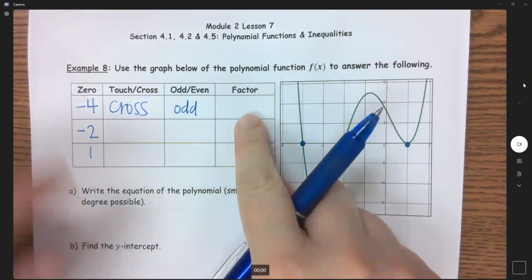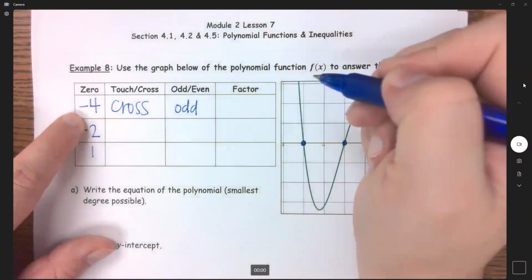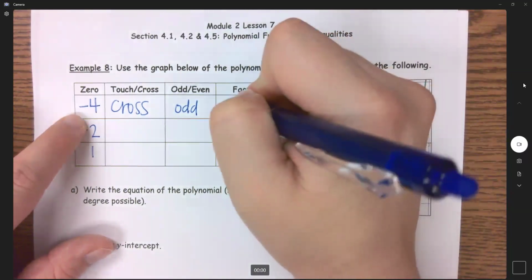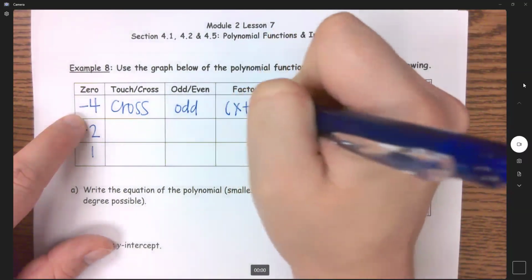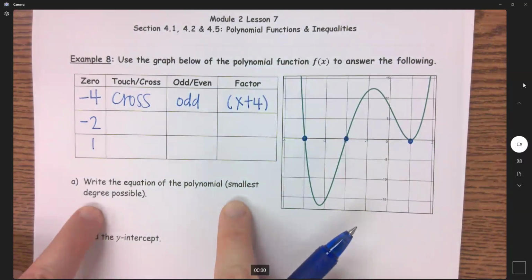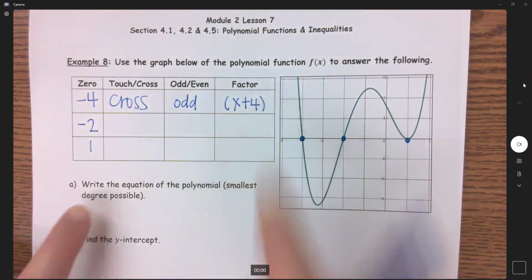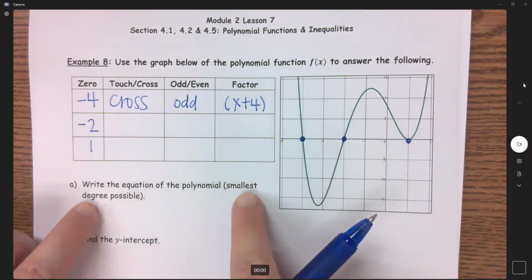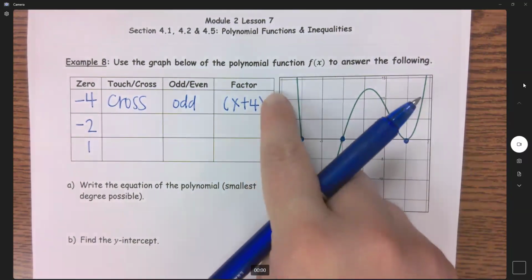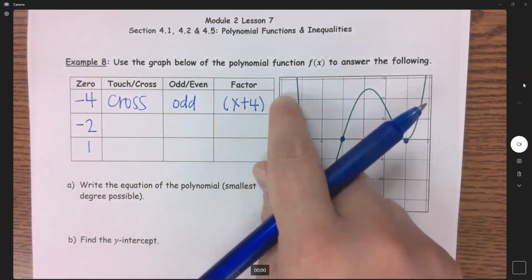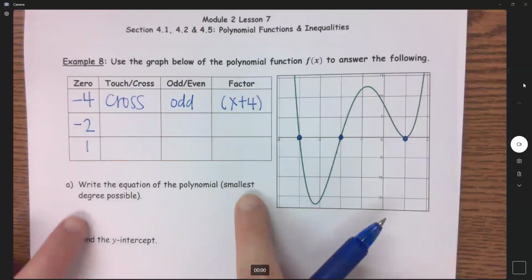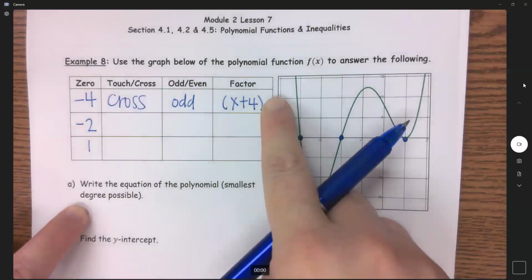So now let's factor this. If I have a 0 at x equals -4, that is x plus 4. And because I want the smallest degree possible, I'm going to keep that as a 1. If it didn't say this, we could say that this was cubed, to the 5th, to the 7th, to the 9th, but it was the smallest degree possible, so just to the 1st.